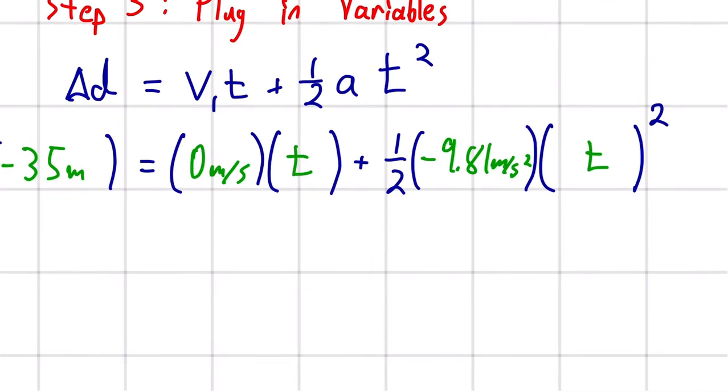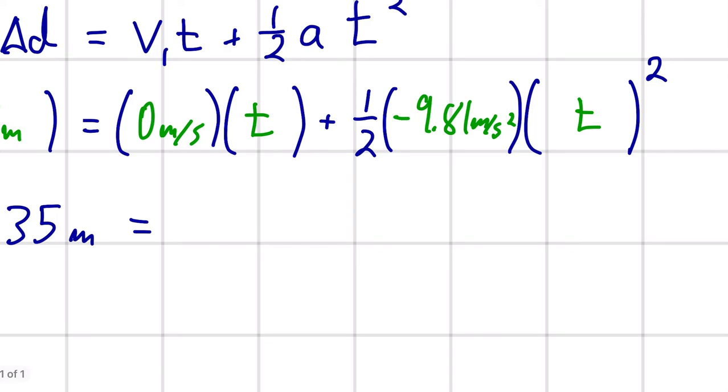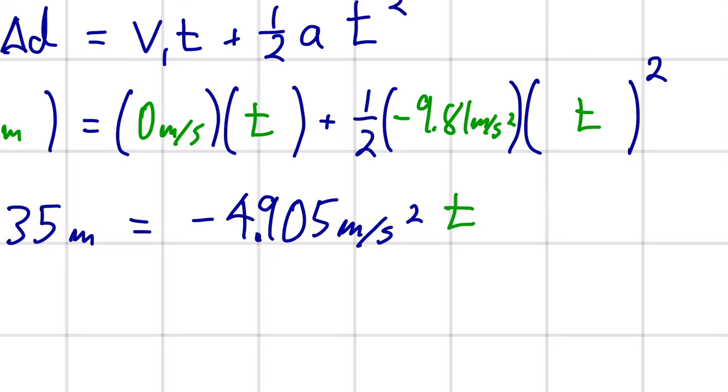And before we move on, I'm just going to clean up this equation a little bit. So negative 35 meters is equal to the 0. This cancels out. So this whole term goes to nothing. And the 1/2 times the negative 9.81 will have negative 4.905 meters per second squared multiplied by t, I'm going to keep that green, squared.